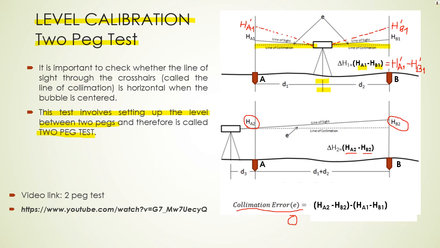So then there will be the differences from 2 steps, and then you can identify that error. And in that case, it's not a 0 value. So that is the idea of how we do a two-peg test.